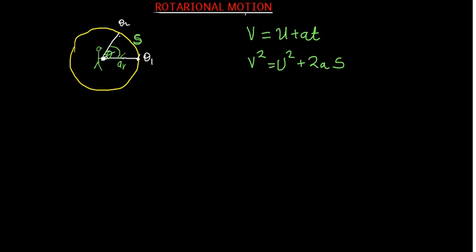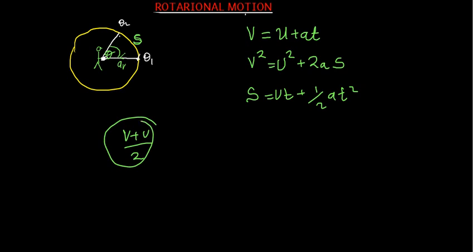And also distance is equal to initial velocity times time plus half a t squared. Another thing we know is that v plus u divided by 2 is called the average speed. And you know that speed is equal to distance over time, so distance is given by speed times time.